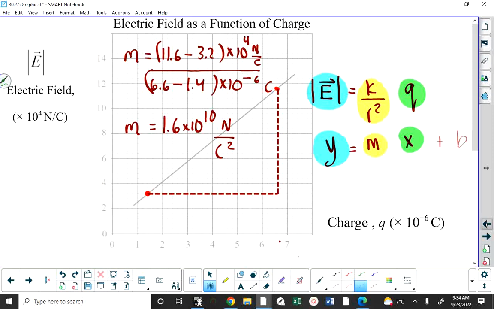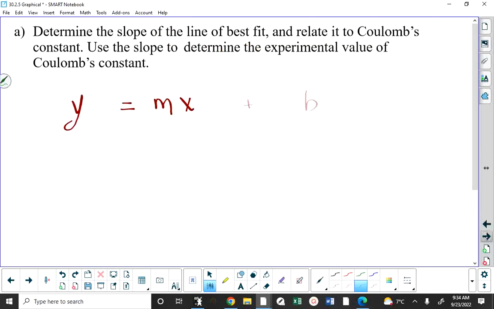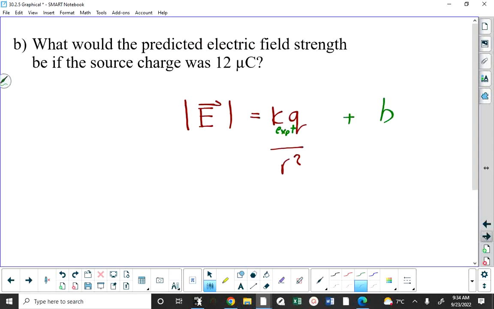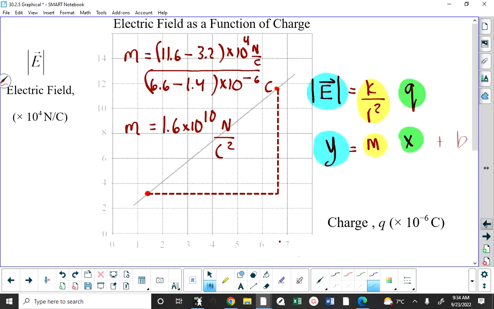When you're asked these questions where you have maybe a Q and you're trying to find F or E, or in general, when you have an X and you're trying to find Y, you don't use this equation. Use this equation because it's what's showing you the information. You have to use the y equals mx plus b.